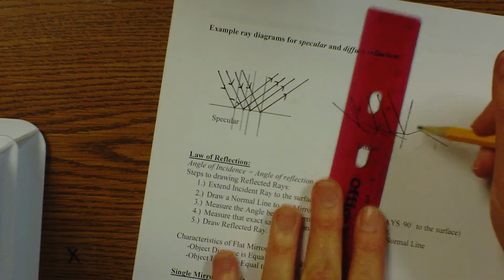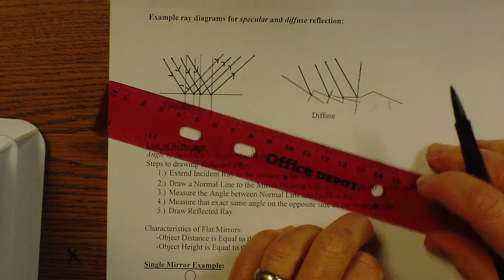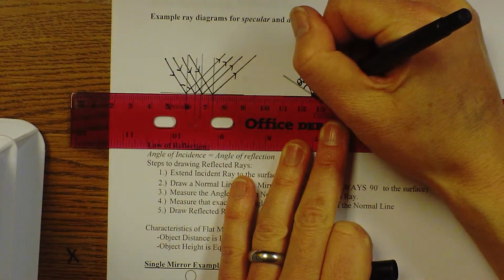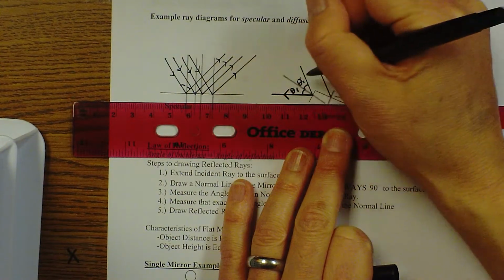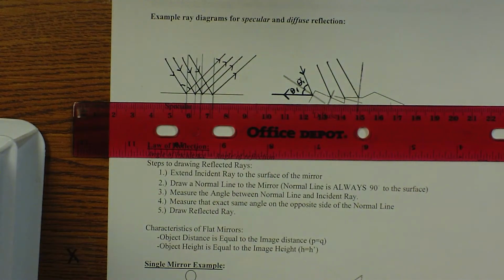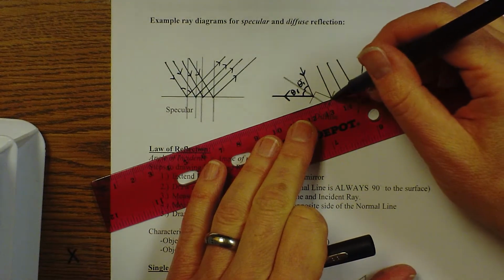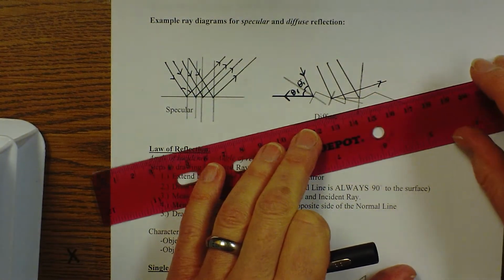Again, this is at the microscopic level. So now, when I draw that reflected light ray, and when I obey that law of reflection, I say, okay, this angle of incidence must equal the angle of reflection. Well, that light ray is going to go off to the left there. But now look what happens with my next light ray. Angle of incidence, angle of reflection, it's going to be sent off to the right.